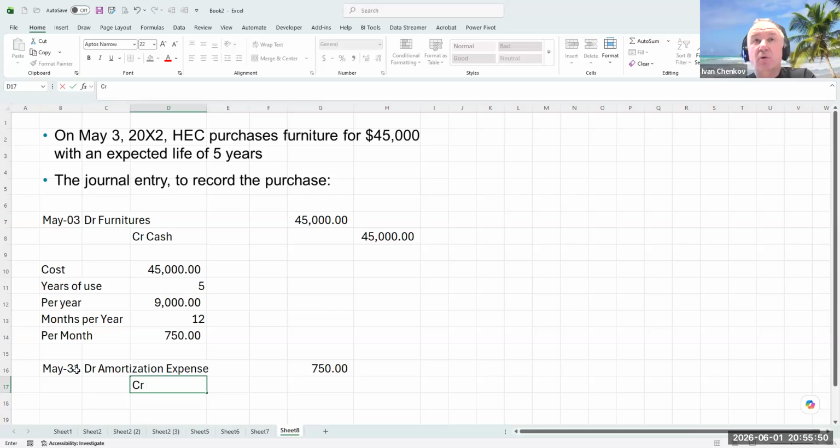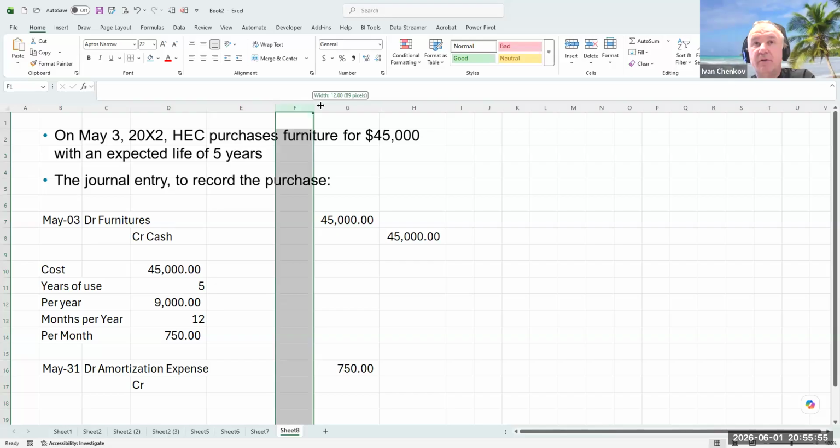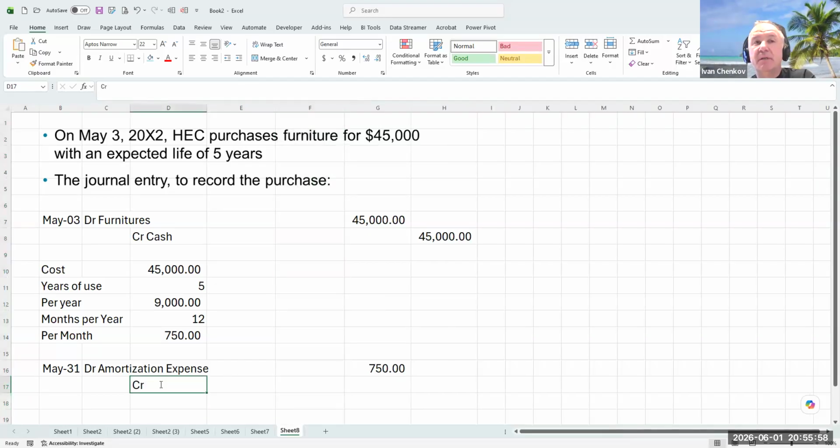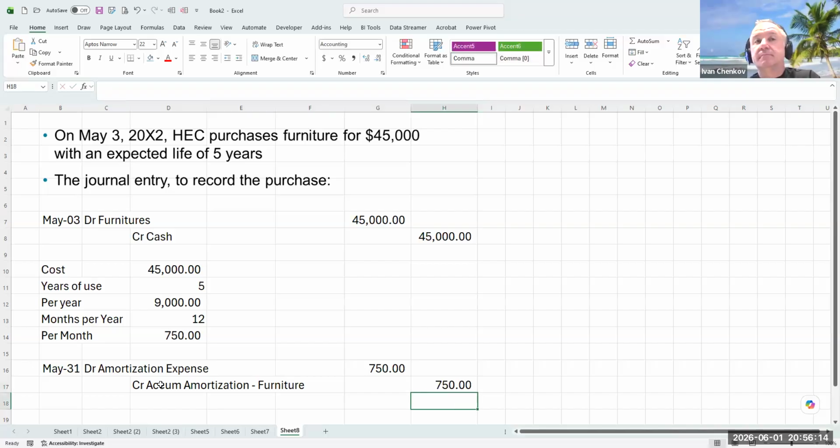So for that reason, all the amortization that I'm taking in recording for this furnitures, I'm going to keep it in the separate account, special account, which is called accumulated amortization furnitures. And I'm going to keep there the same amount, $750. Every time when I show amortization expense, I keep adding to this accumulated amortization.